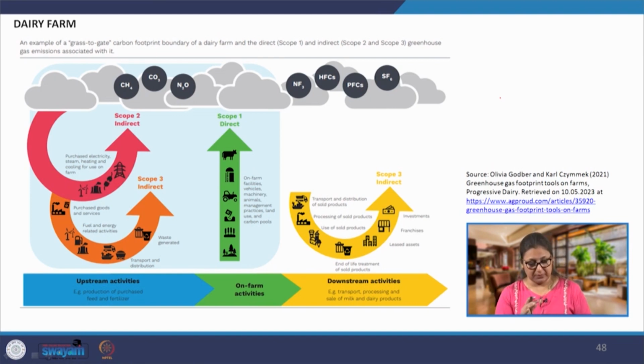But the beautiful thing in this example is that while they have identified the scopes, they have also identified them upstream, downstream, and on the farm during the whole activity. So, looking at the direct emissions first, the scope 1 emissions, which are resulting from the on farm activities. So, we have machineries, the emissions resulting from machinery.